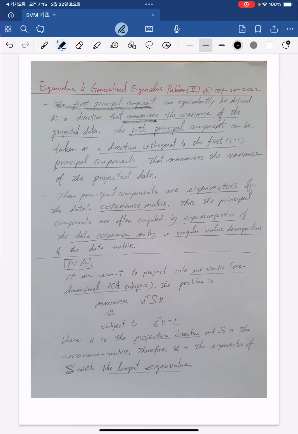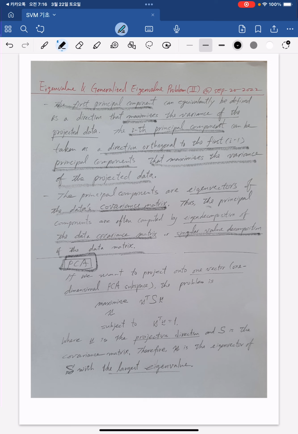The ith principal component can be taken as a direction orthogonal to the first i-1 principal components that maximizes the variance of the projected data. The principal components are eigenvectors of the data covariance matrix. Thus, the principal components are often computed by eigendecomposition of the data covariance matrix or singular value decomposition of the data matrix.